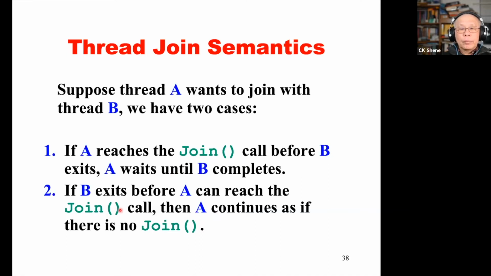Or your brother has brought the bag, the pizza and drink, and left it on the kitchen table. That is, your brother finishes his work. So when you finish your study and call join, because your brother has exited, you simply go to the kitchen table, grab a piece of pizza, maybe sharing with your brother. So this is the meaning of thread join.